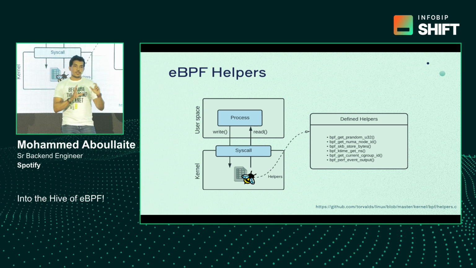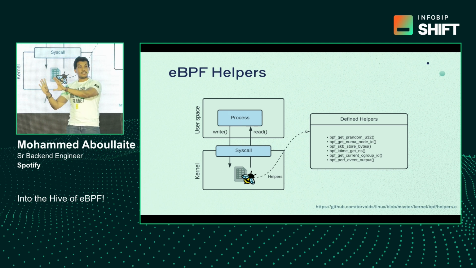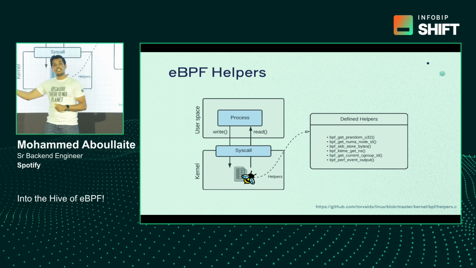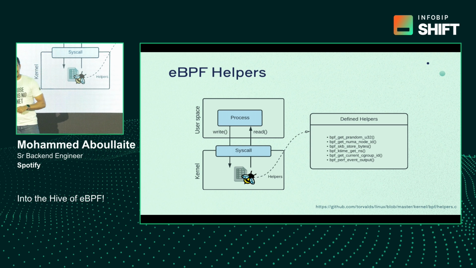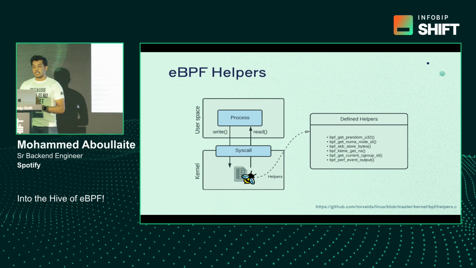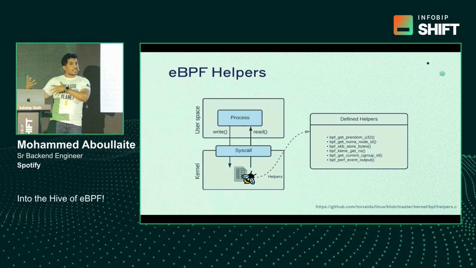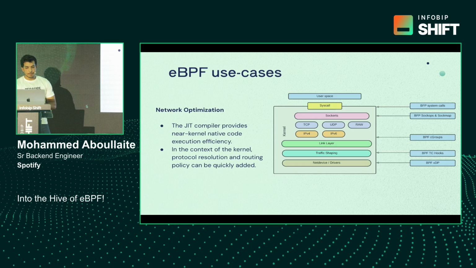So all of that is provided with helper functions that are stable in the Linux kernel, specifically for eBPF, that enable you to handle those functionalities without needing to worry about them. Those are basically APIs. You can think of them as utilities that enable you to perform functions without needing to worry about the implementation from a kernel perspective.